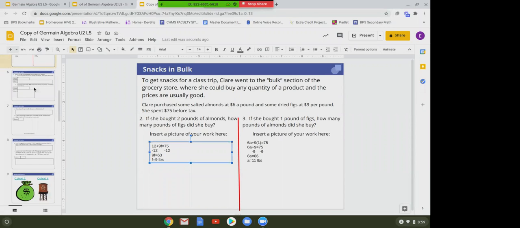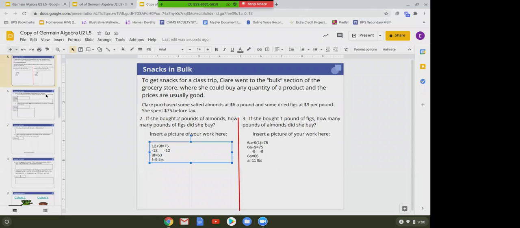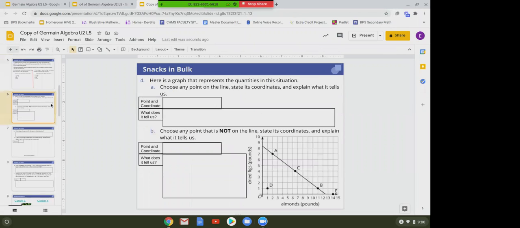Let's take a look at the next piece of this now. So if we're in our textbook and we are looking at this bulk snack idea, we're looking at slide number 6, number 4 in your textbook, okay? So it says, here is a graph that represents the quantities in this situation.